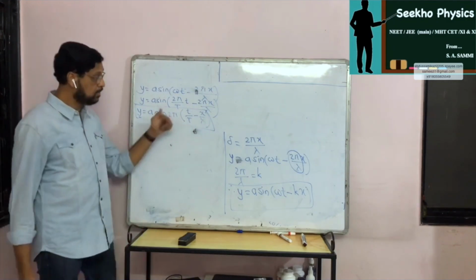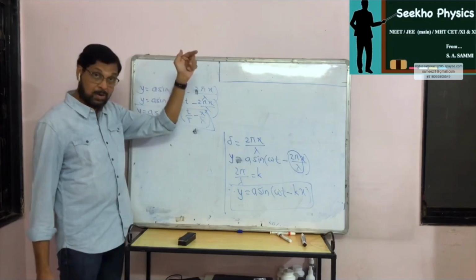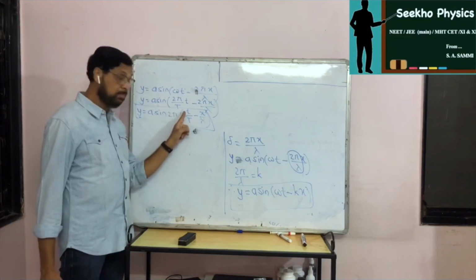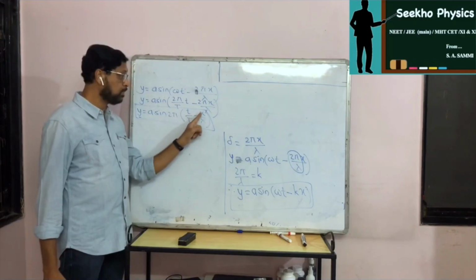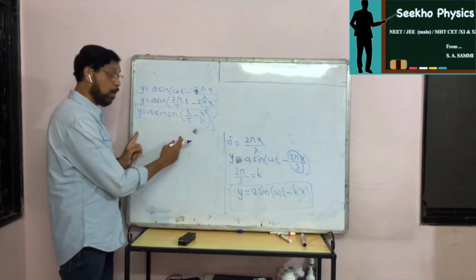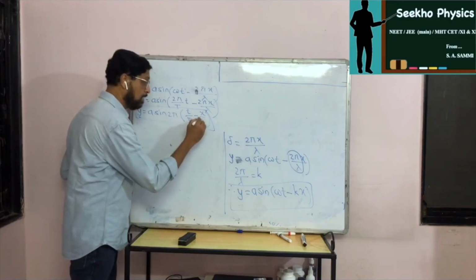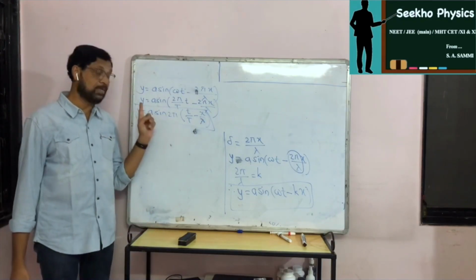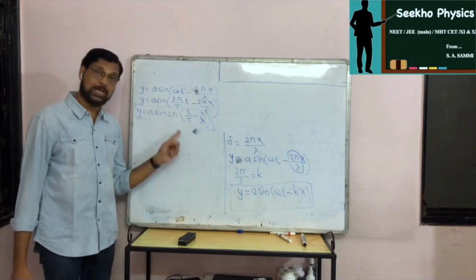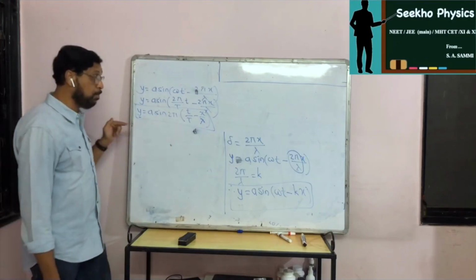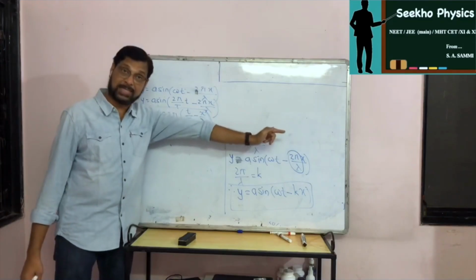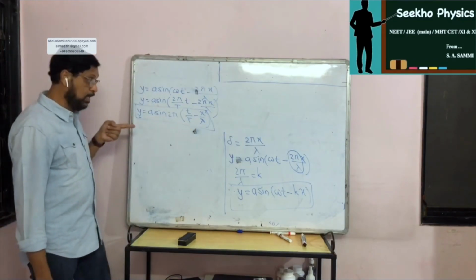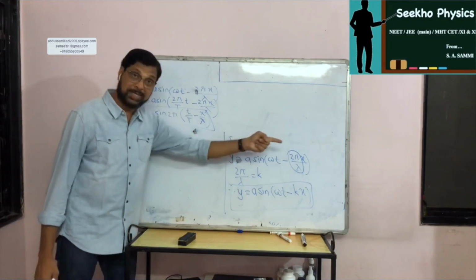y is the displacement from the mean position of the particle, a is the amplitude of the wave, t is time, T is the time period of the wave, x is the distance of the particle from the origin, and lambda is the wavelength. This is the equation of a simple harmonic progressive wave traveling in the positive direction of x-axis. आपण जी डायग्राम बघितली, वेव अशी चालली होती, means it is moving in the positive direction of x-axis.